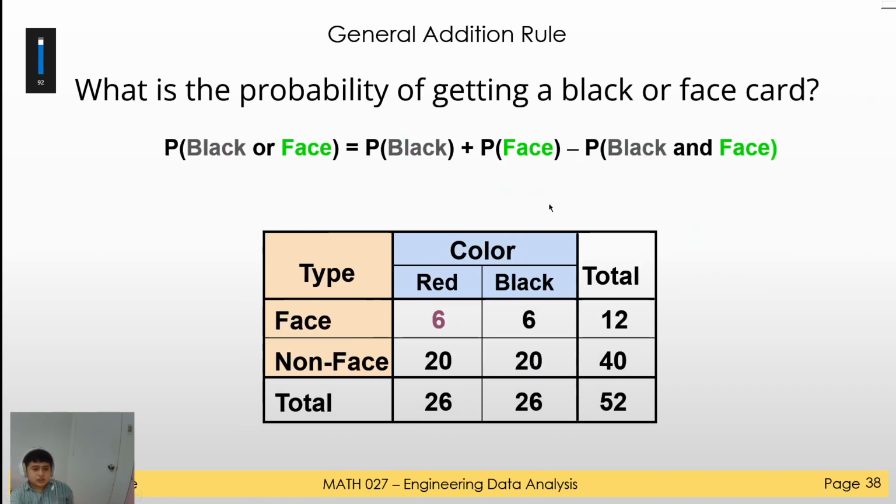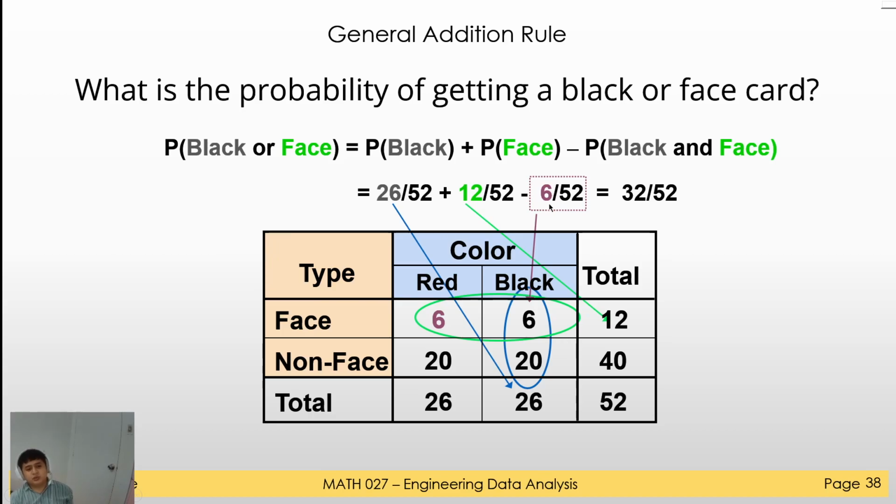Okay, so another example here: what is the probability of drawing a black or a face card? So it could be either a black or a face card. We have 26 black cards and we have 12 face cards, and then the intersection between the two. So how many face cards do we have? We have Jack, Queen, and King, so 3 per suit.